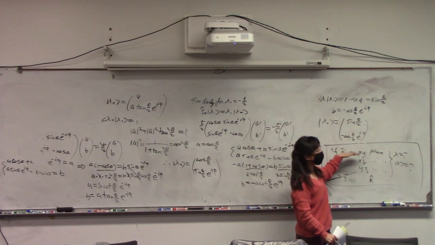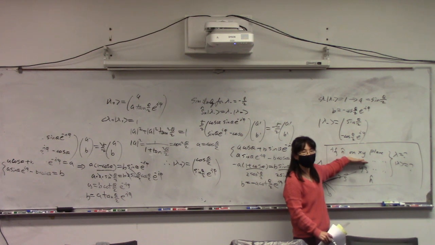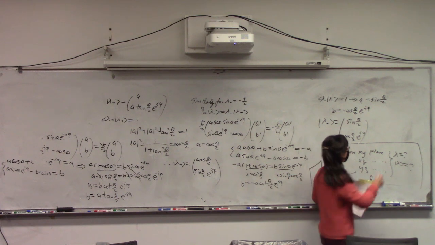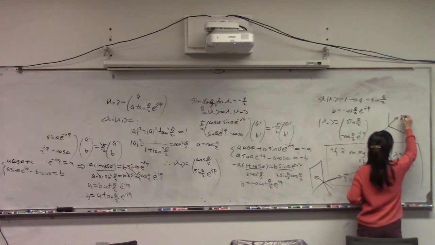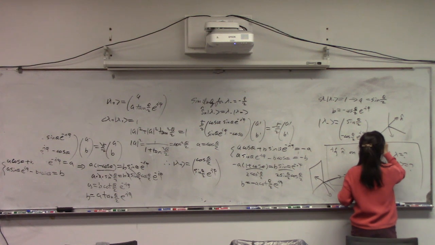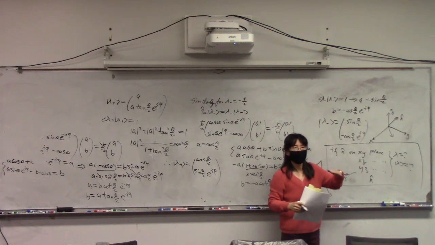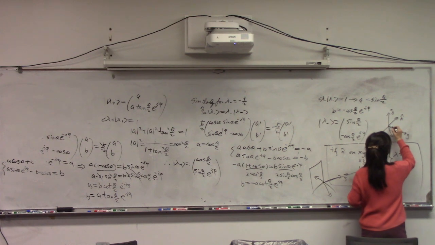So I just gave you something to think about: what if n is not in 3 dimensions but 2 dimensions. It's a result of it being spin 1/2, because there's only two possible values that it can take, so it's a 2 by 2 matrix.